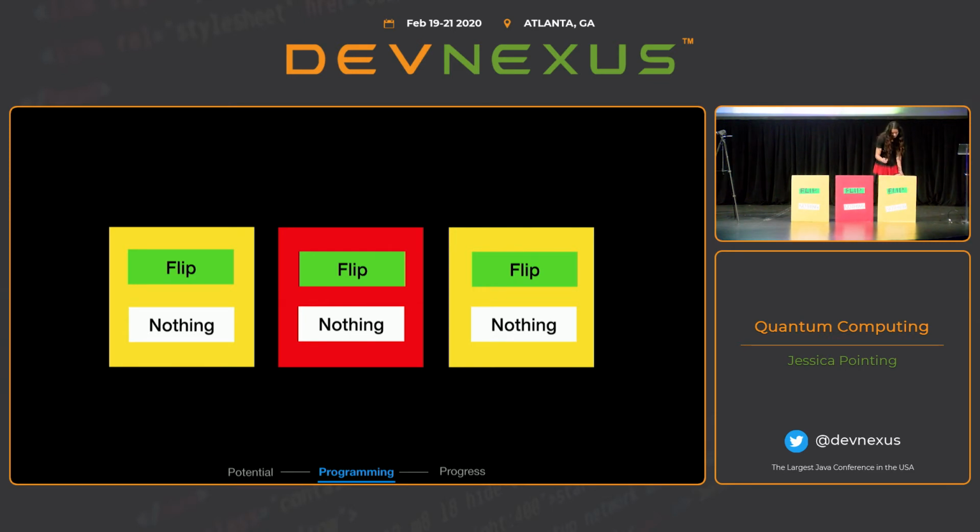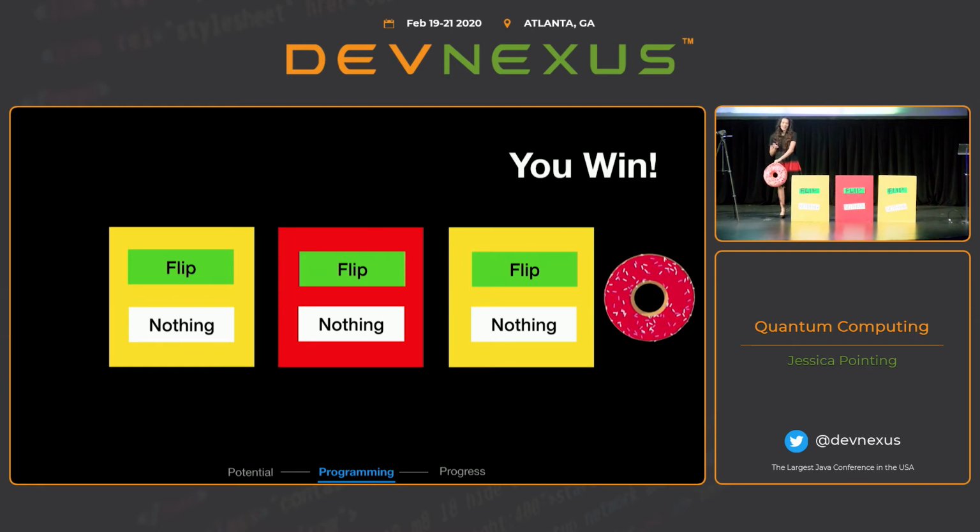So the baker has the option to flip it or to do nothing. Okay, and then it goes through the red box. You have the option to flip it or do nothing. It goes to the yellow box. You have the option to flip it or do nothing. and it comes out at the end. Now, if it comes out as 0, the baker wins. But if it comes out as 1, for whatever reason, when you're flipping it, then you win.